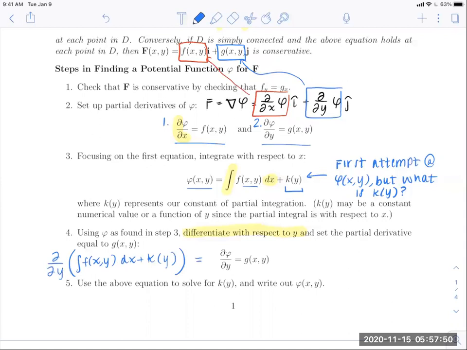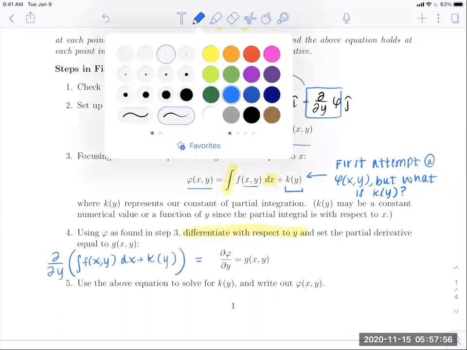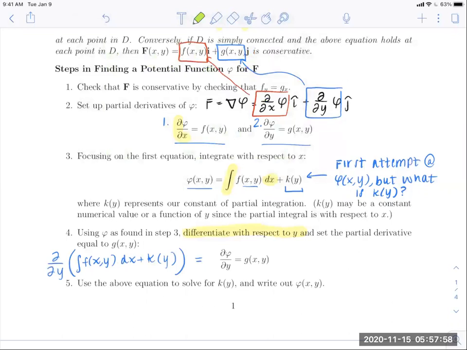And that's truly what this left-hand side is. Now this right-hand side, again, let me grab a different color. This right-hand side is saying, look, I already set up this equation where the partial with respect to y is equal to g of y. So that's where the right-hand side of this equation is coming from.